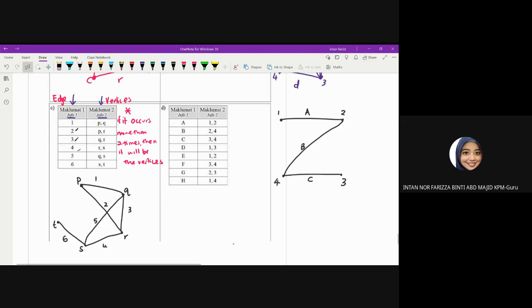C. 1, 3 is D. 1, 2. Oh, that means 1, 2 is a multiple H. 1, 2 is E above. 3, 4, another multiple H. That will be my F. 2, 3 is my G, and 1, 4 is my H. Okay, that's it. Do the dots bigger.